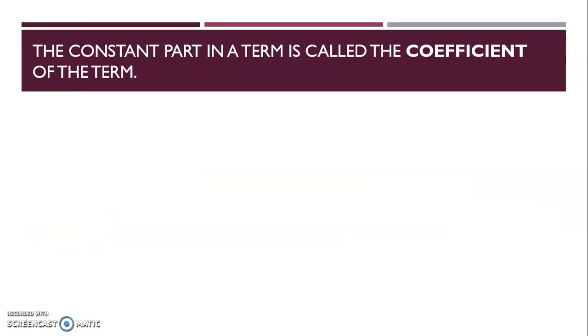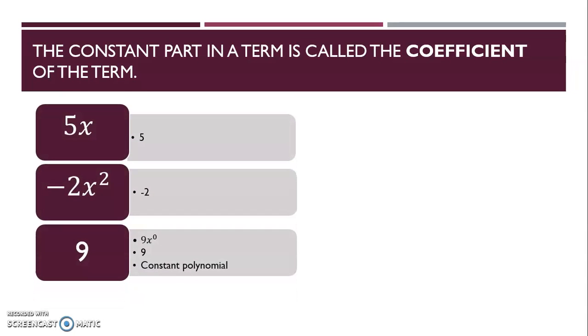Okay, so the constant part in a term is called the coefficient of the term. So let us look at the term here, 5x. The constant part of this term is 5. So the coefficient of this term is 5. The coefficient of this term is minus 2. What about 9?